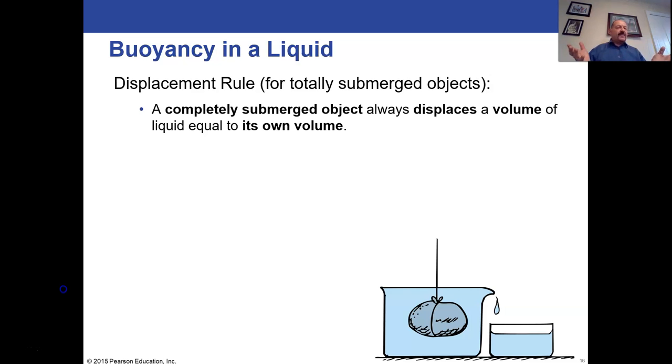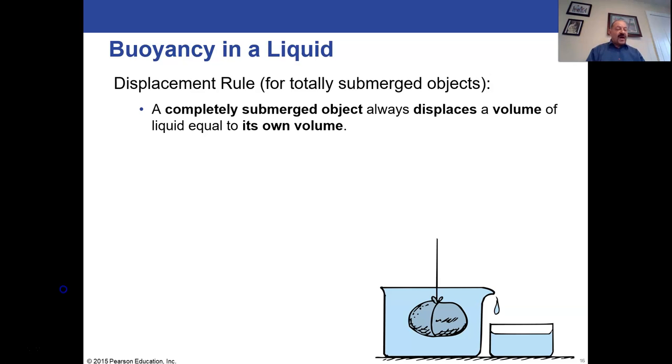Now, this may seem obvious to you nowadays, but that was not obvious to the people at that time. So if you had a weirdly shaped rock and you put it in the water, the amount of water that would be lifted up on the level, if you were able to measure it, would be exactly the same volume as this oddly shaped object or rock or whatever this is.